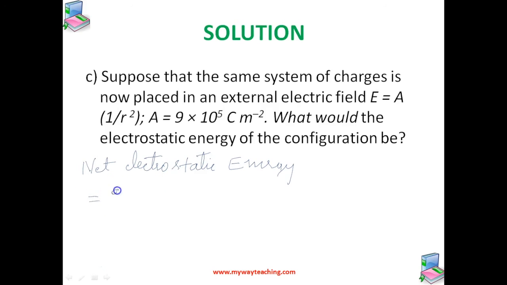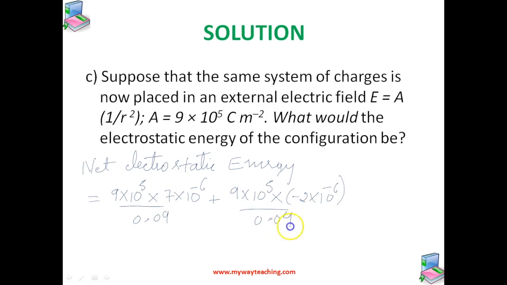Isn't it? That is, A is 9 into 10 raised to 5, which gives 70 minus 20 minus 0.7.